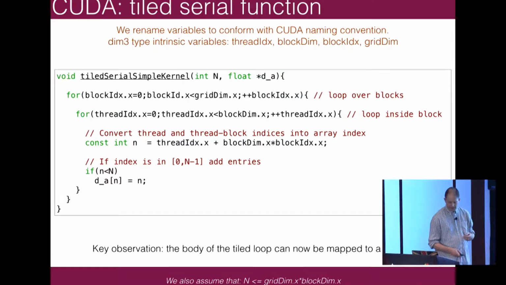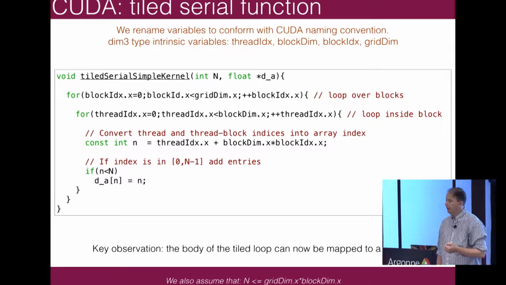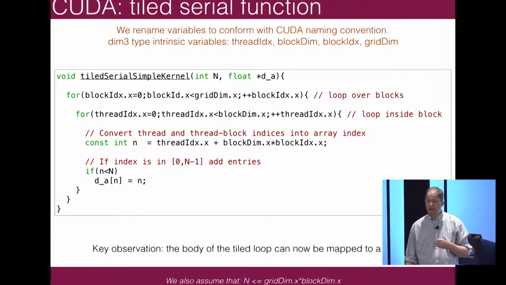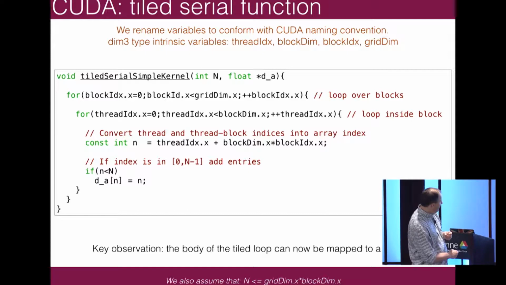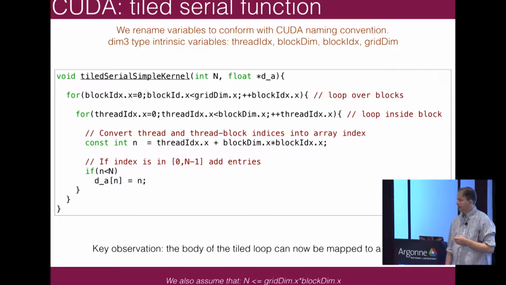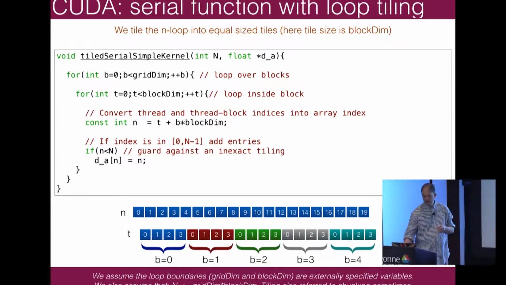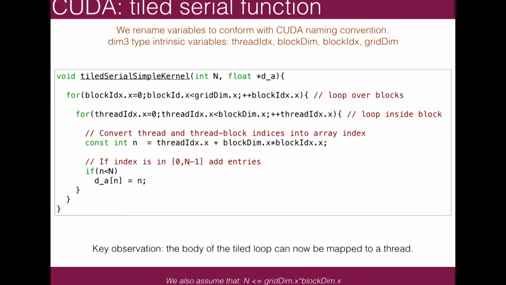Okay. Just to confuse you a little bit more, we'll actually use the variables that CUDA provides to you. Instead of block ID, block index, we'll use the fact that these block indices themselves can be multidimensional. Okay? So this is just mutating code. So this says loop over the blocks.